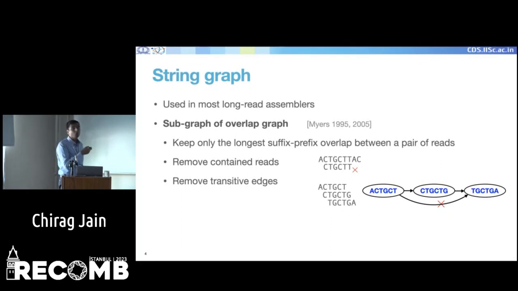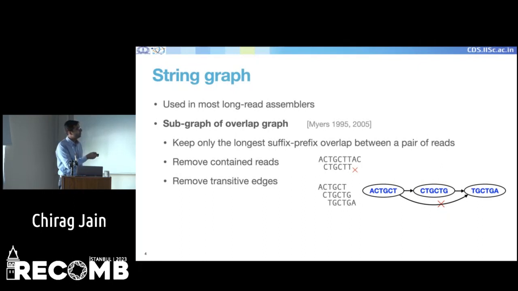Second, it will remove all the contained reads. So if there's a short read which is contained in a longer read, then the shorter read will be thrown away and marked as redundant in the data. Third, it will remove the transitive edges as well.